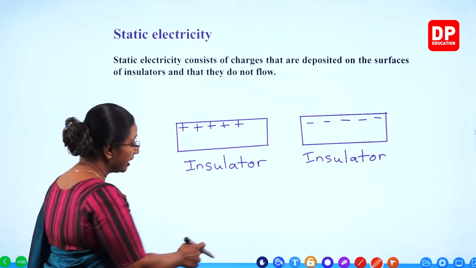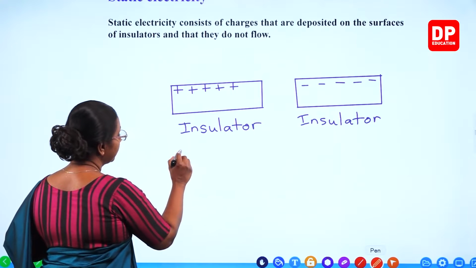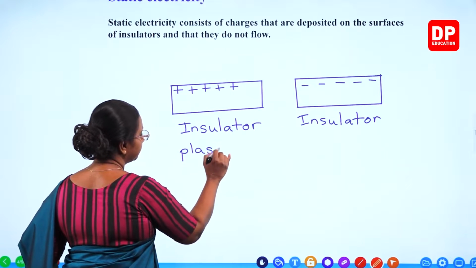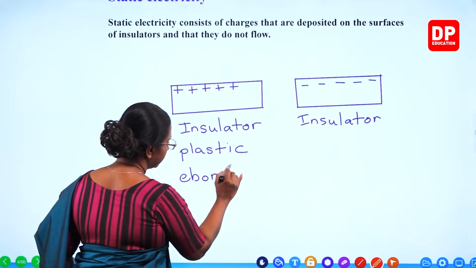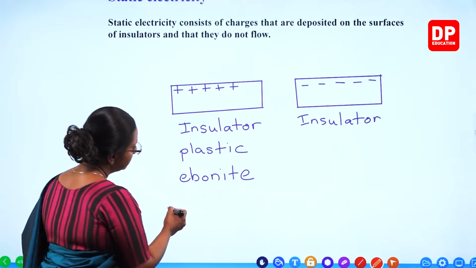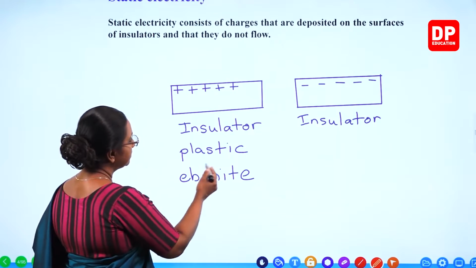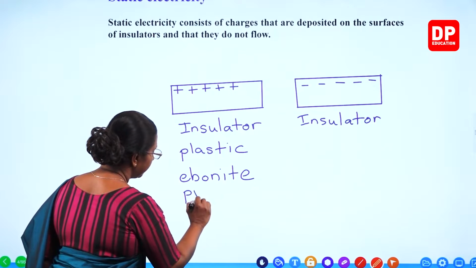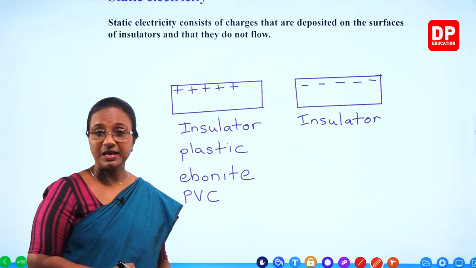So as insulator materials, we can consider a few examples: plastic, ebonite, even PVC. All these are different insulator materials.